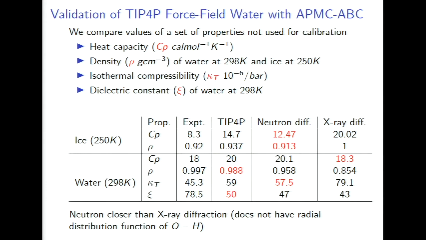So those are the values that have been computed on the experimental data. Those are the values from the forward simulation, and those are the values that we obtain from our ABC procedure, either using neutron diffraction or X-ray diffusion data. And most of the time we do better, even on quantities that have not been explicitly used to calibrate the model.